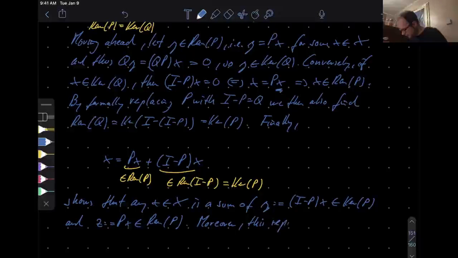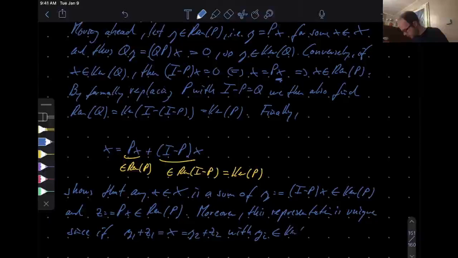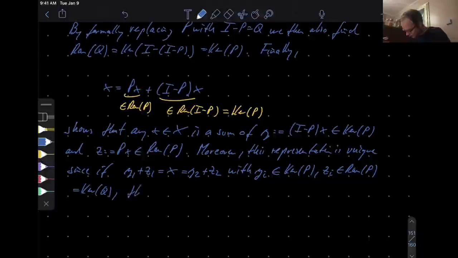Moreover, this representation is unique since if you have y1 plus z1 is equal to x is equal to y2 plus z2, with the y_i's in the kernel of p, the z_i's in the range of p, and remember the range of p is the kernel of q, then you do the standard trickery.